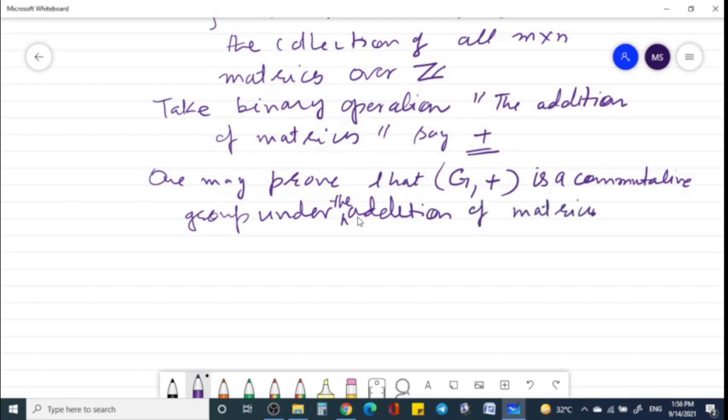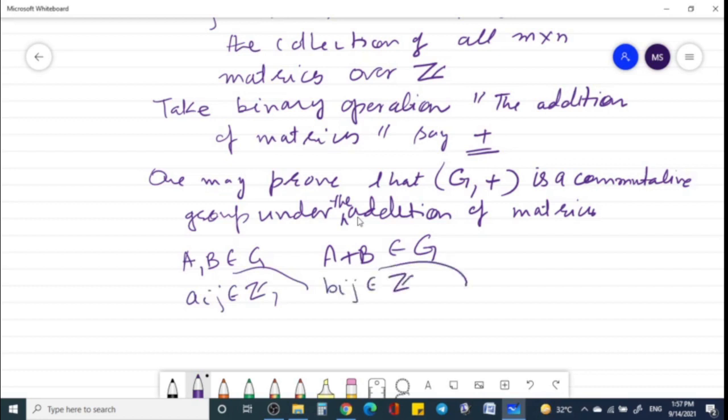I think it can be verified easily that if we take two matrices A and B belonging to G, then they will be of order m cross n, and their sum will also be of order m cross n. And since entries Aij are integers and entries Bij are integers, the entries Aij plus Bij are also integers.